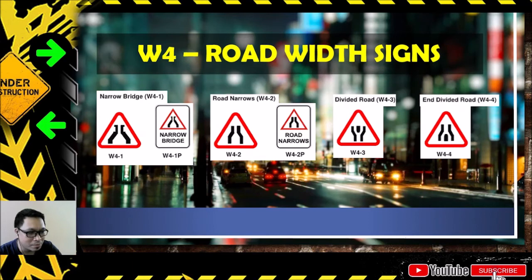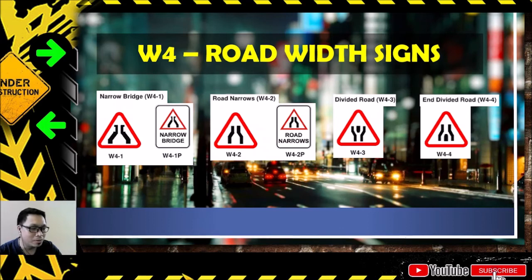So next, the road width signs. It means that if there is a road ahead where there is a change in the width, it will warn the motorist that there is a bottleneck ahead, no? Or let us say the change of width, in order to give the motorist an idea to avoid any inconveniences on the road.